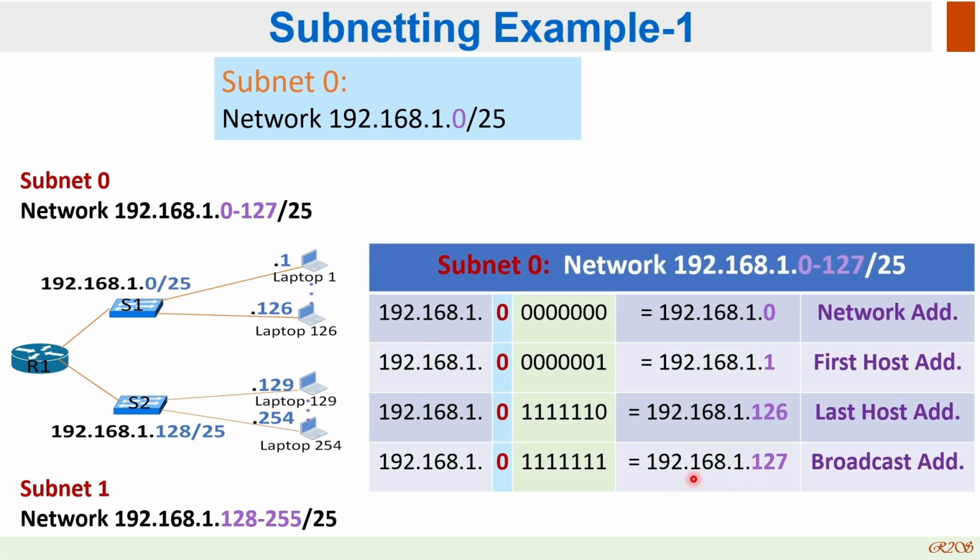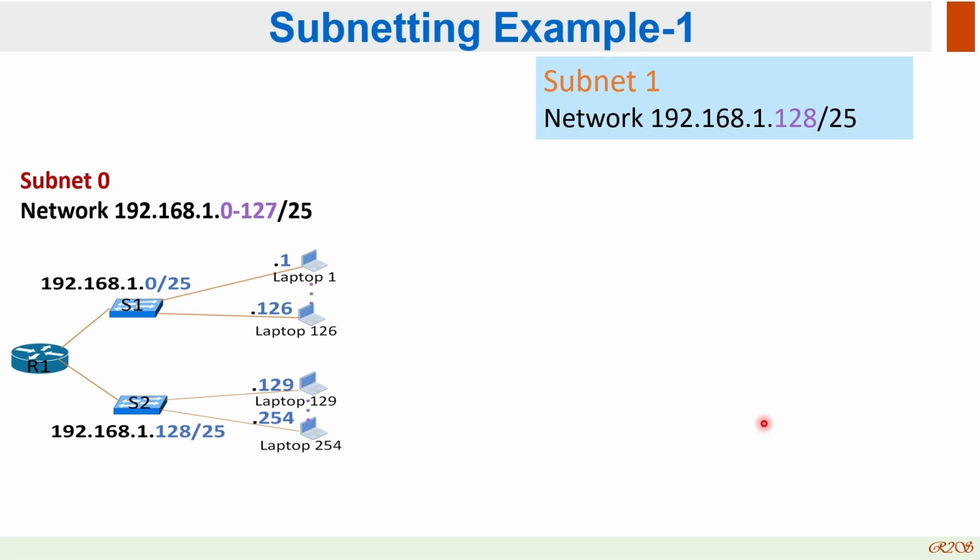The broadcast address is 192.168.1.127, so one less than 127 is 126. So the range of usable IP addresses is 192.168.1.1 to 192.168.1.126.